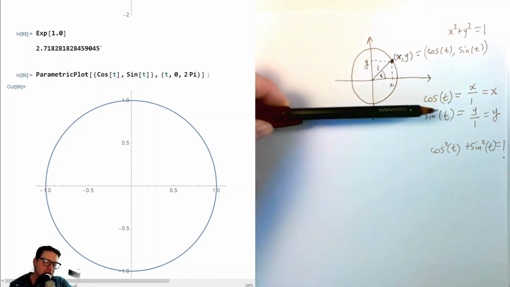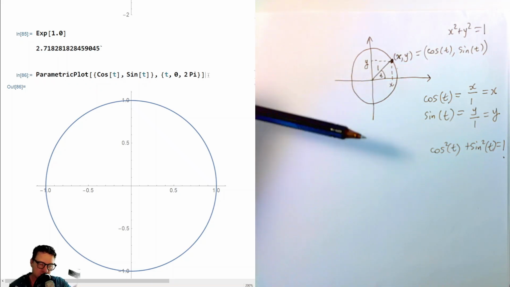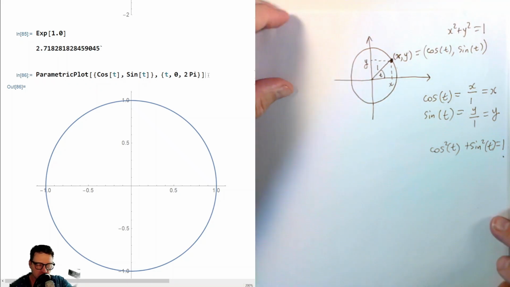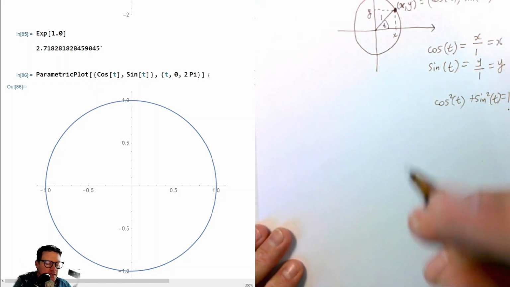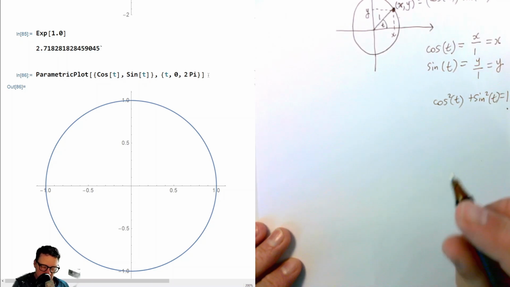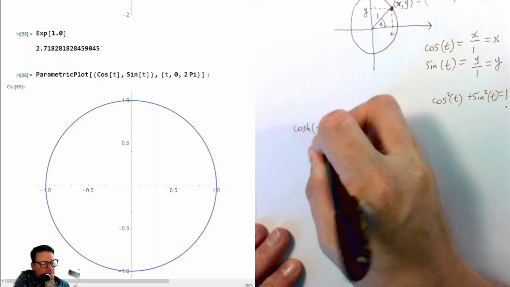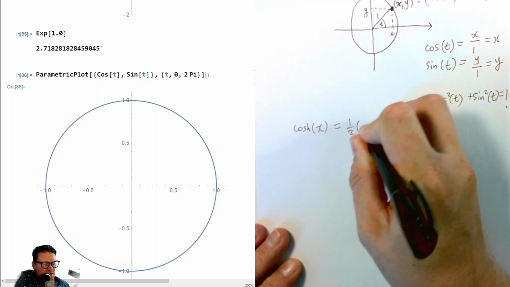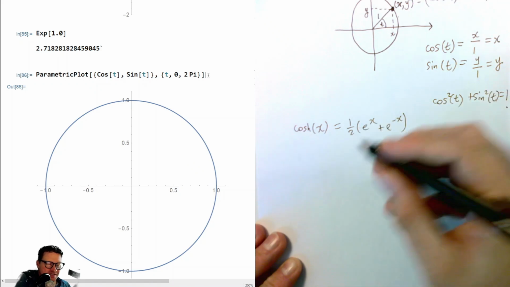Okay, so is there an analogy between cosh and sinh of what we have here, this parameterization of the unit circle? Yes, there is. All right, so what we're going to do is square cosh and square sinh. So cosh of x, remember it was 1/2 (e to the x plus e to the minus x). Okay, so let's square it.